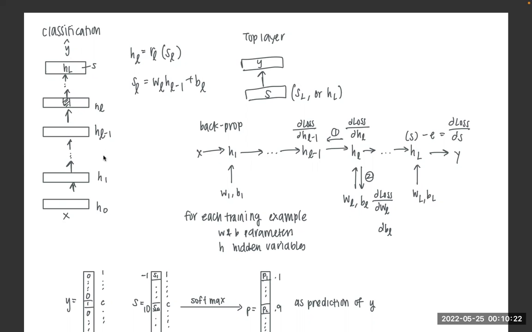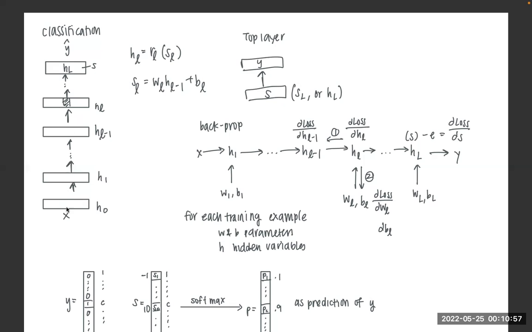And last time we studied the basic language, the mathematical language of the neural network, which consists of two parts. One is that at each layer, H_L is computed as an element-wise or coordinate-wise rectification of S_L. So S_L is a vector of the same dimension as H_L.